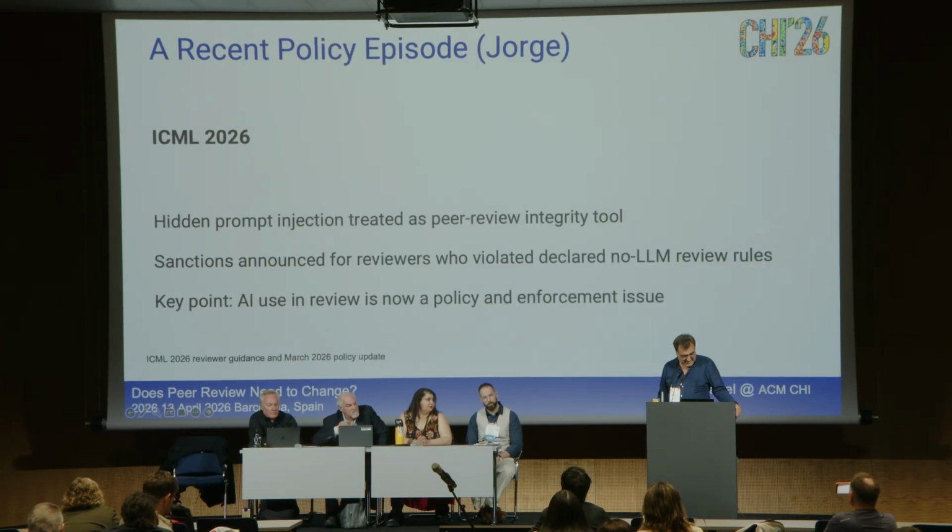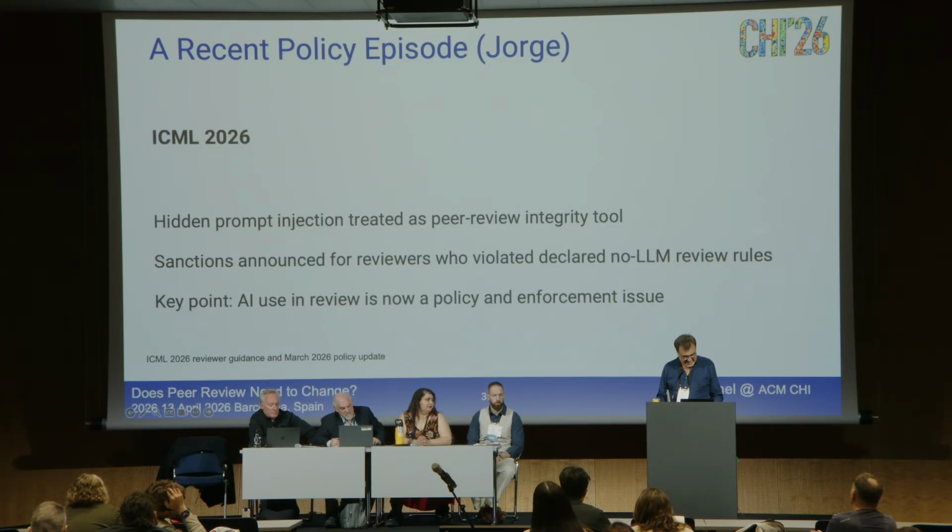And people are taking notice of this. A recent conference tried injecting prompts to induce the use of telltale phrases that could then be used to spot reviewers. And the key point: some people were very upset at having their papers desk rejected because of their reviews.